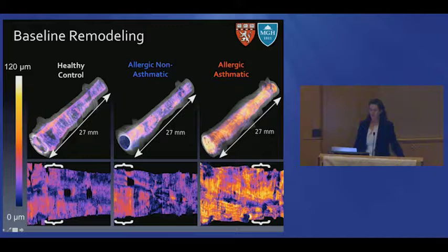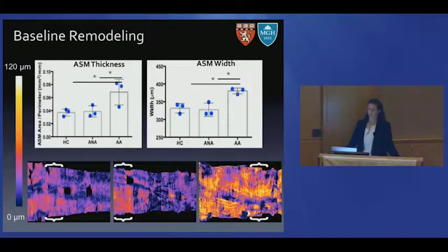And then beneath that, we're showing that circular cylinder essentially unwrapped and laid flat, so you can get a better appreciation of the banding structure of the airway smooth muscle and what's going on. And you can just see from this, even these very mild allergic asthmatics had a lot of airway smooth muscle remodeling compared to the others, which essentially was double the airway smooth muscle width and thickness. By airway smooth muscle, I mean the band width and the band thickness.